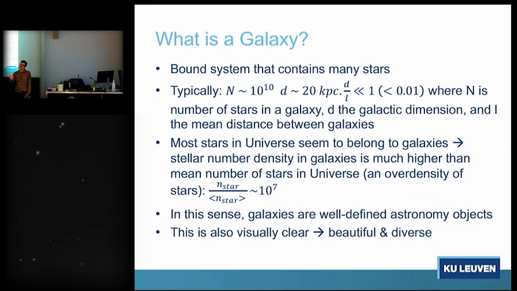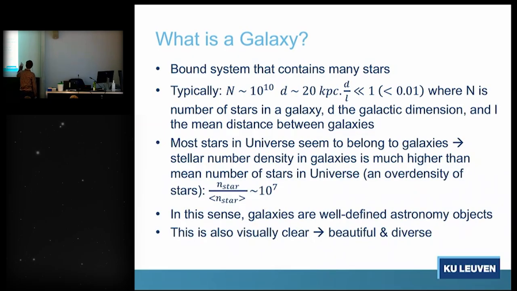That's the same phenomenon as with the number density of stars in a galaxy. The extent of a star, our own sun, the stellar radius, is much, much smaller than the distance to the next star, Proxima Centauri in this case, which is about 4 light years, right?